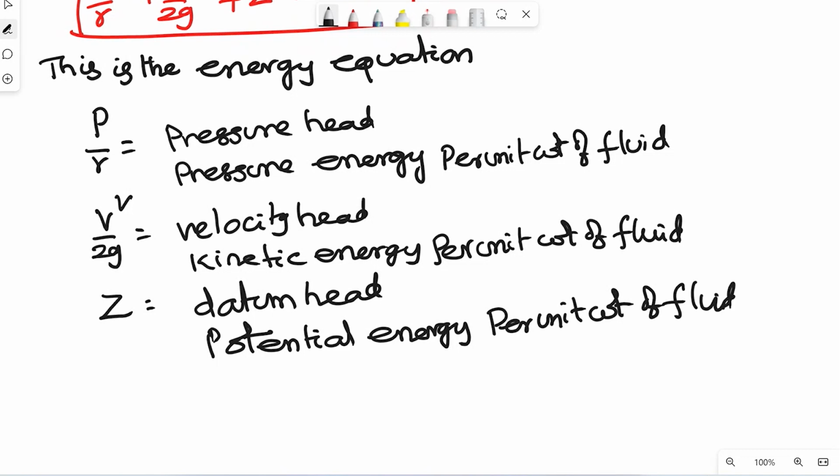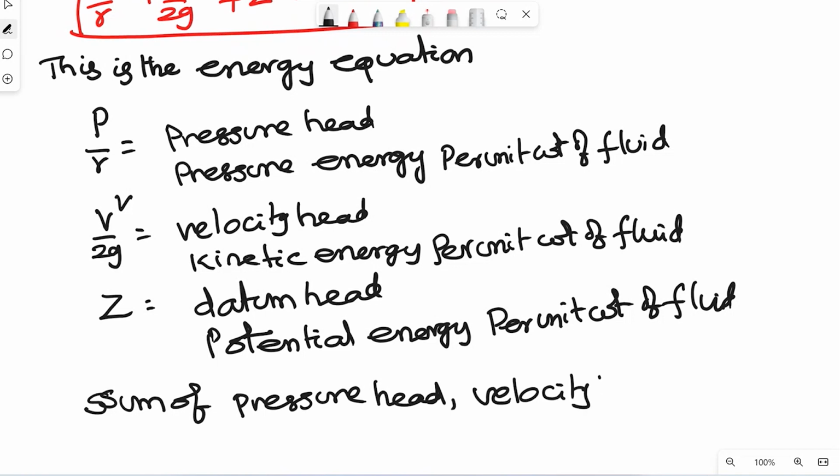So each term of Bernoulli's equation represents energy per unit weight: pressure energy, kinetic energy, and the other one is potential energy. Finally, I can write Bernoulli's equation as: the sum of pressure head, velocity head, and datum head is constant.